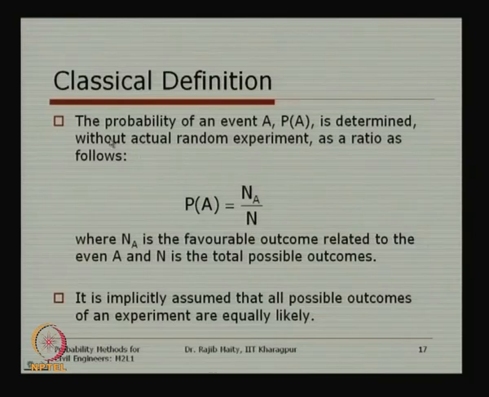In the classical definition, the probability of an event A is determined without the actual random experiment as a ratio: probability of A equals N_A by N, where N_A is the favorable outcome related to the event A, and N is the total possible outcome.